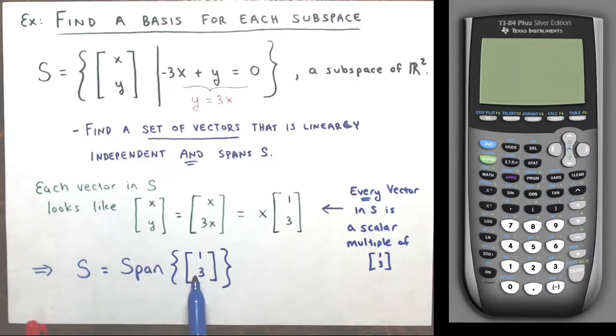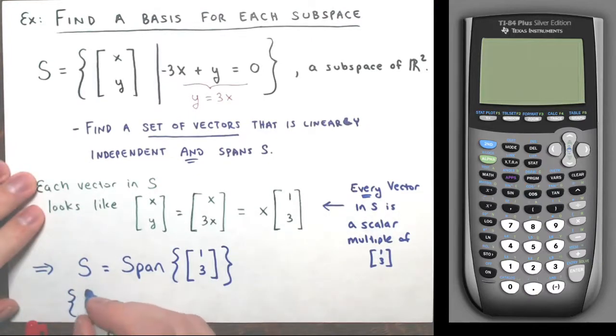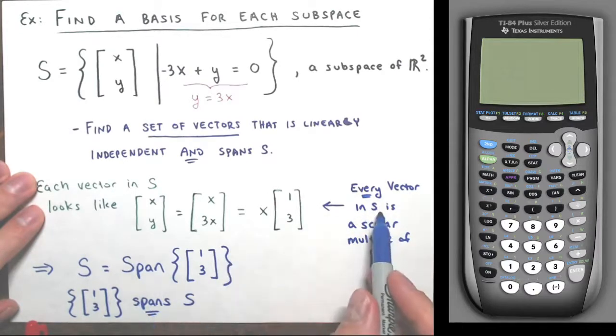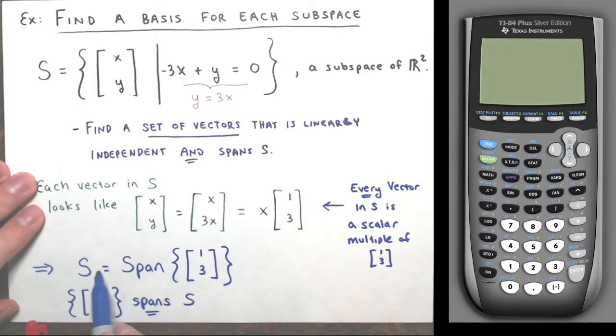A linear combination of a single vector is a scalar multiple. So the set with vector (1, 3) in it spans S. All of these statements mean the same thing.